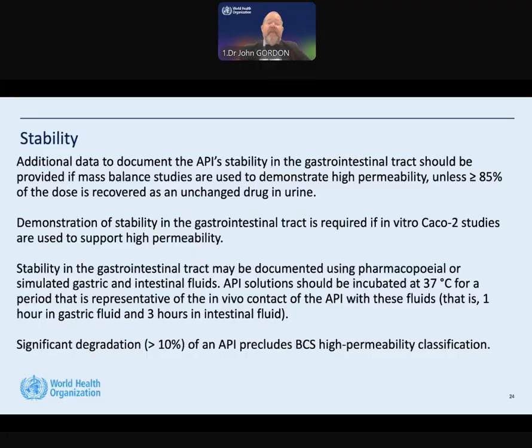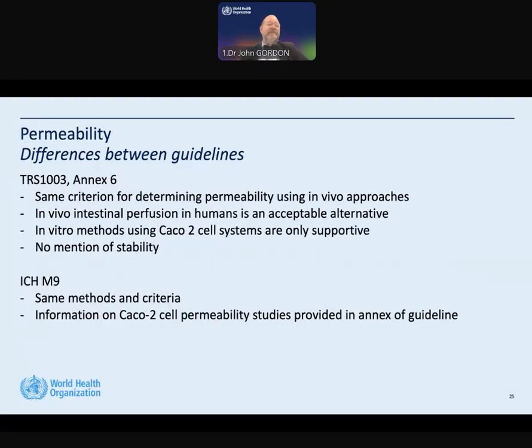Stability again comes up when it comes to permeability assessment, because additional data is needed to document the API stability in the GI tract over the course of a mass balance study, if a mass balance study is being used to demonstrate high permeability. And so the experiments that are required are described in the guideline. You need to show that there's stability of the API under the conditions that are needed.